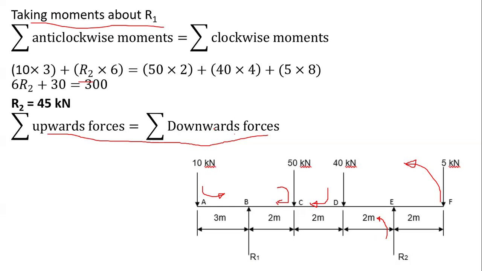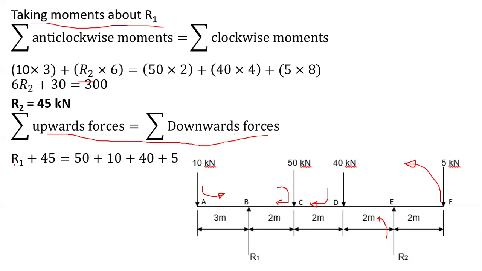What are we saying here? We're saying that if I add the forces that are acting upwards, they have to be equal to when I add those that are acting downwards. So what am I saying? R1 plus R2 should be equal to 10 plus 50 plus 40 plus 5.